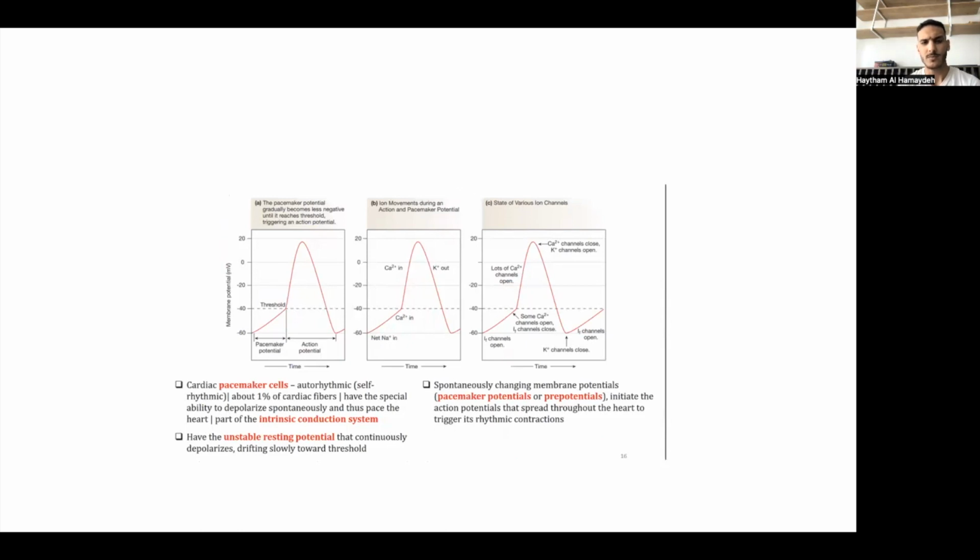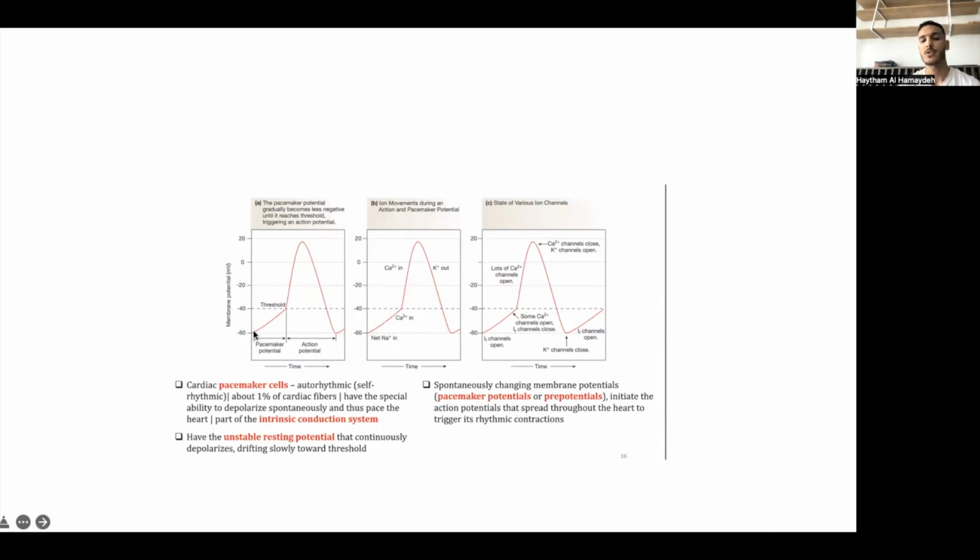We're going to explain basically how they contract and how they relax. So here, this is called the pacemaker potential or pre-potential.